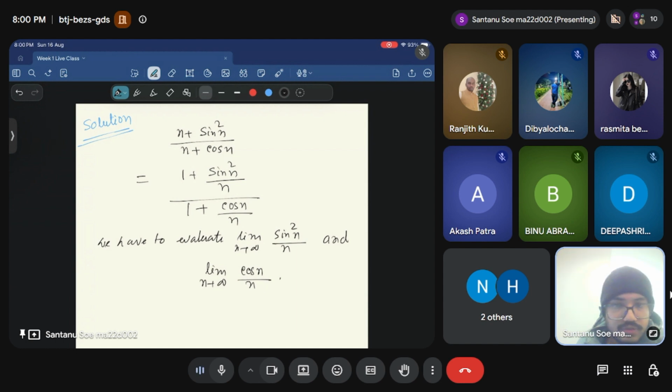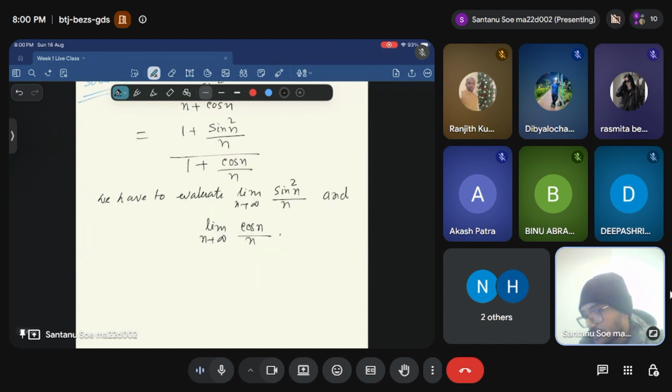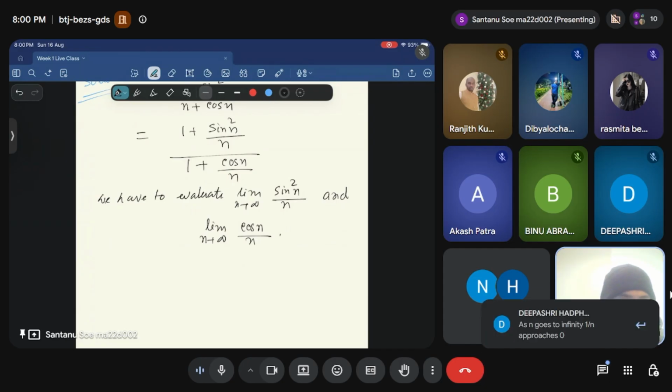So we have to evaluate these two limits, right? Before that, Dipashri is correct. She said that the limit will be 0, and in fact it is 0, for both sine square of n divided by n and cos n by n. But before that, I'll write one fact.